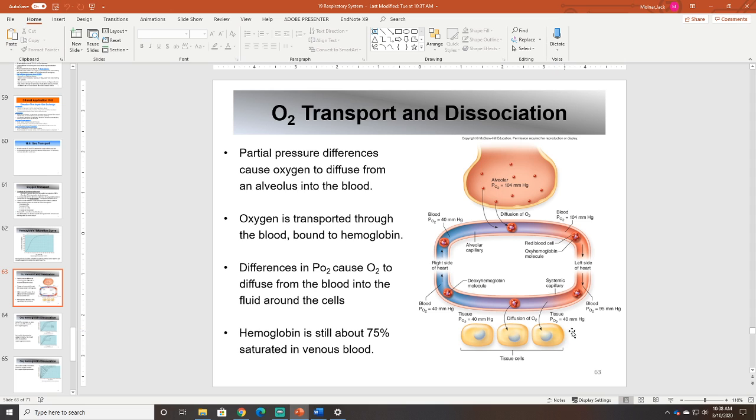It's about 40 millimeters mercury in the tissue. And so oxygen will diffuse out of the blood capillaries into the tissues until they equilibrate over here at the venous end at about 40 millimeters mercury. Blood returns through the right side of the heart to the lungs, and it has about 40 millimeters mercury partial pressure of oxygen.